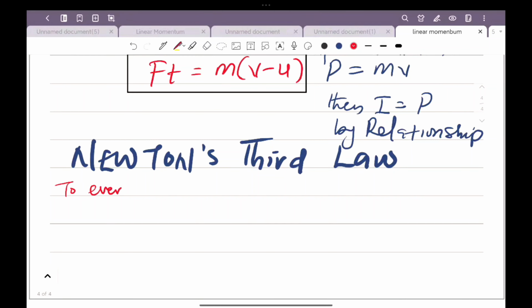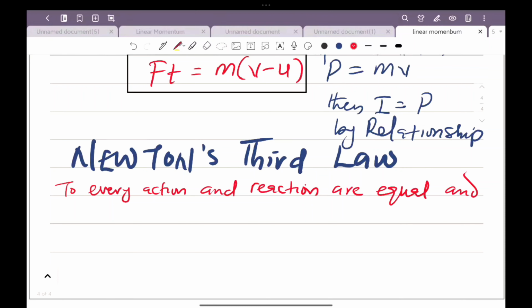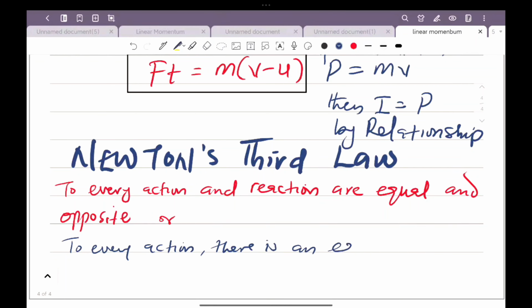Newton's third law of motion states that to every action, there is an equal and opposite reaction, or opposite force.